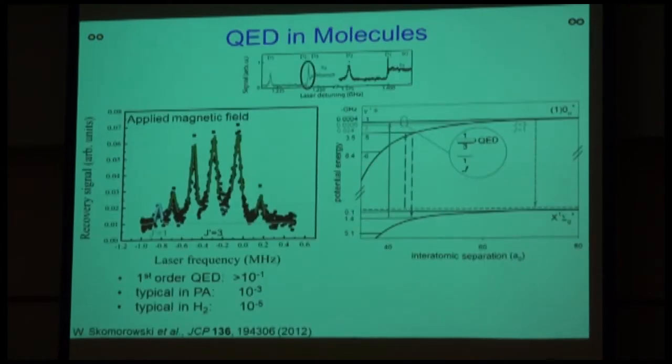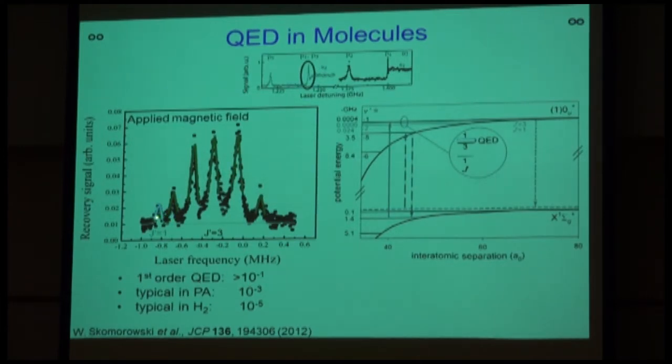And one more interesting piece of physics about these very weakly bound molecules is the possibility to look for quantum electrodynamics effects at a high precision level. So again, I'm plotting this. I'm zooming in on this molecule recovery peak, really the one that's closest to the asymptote.